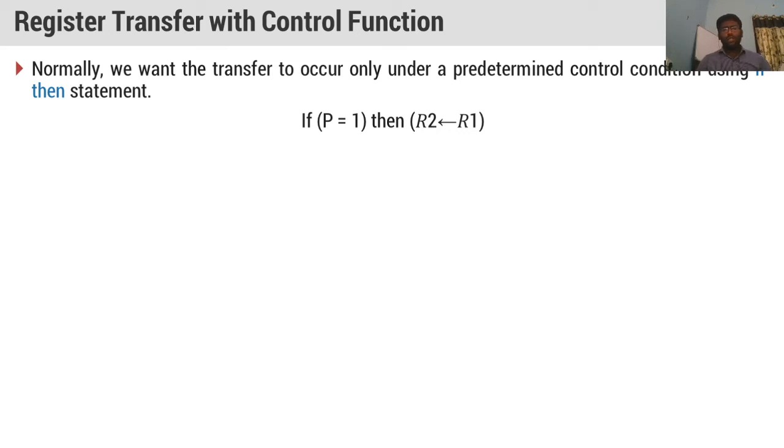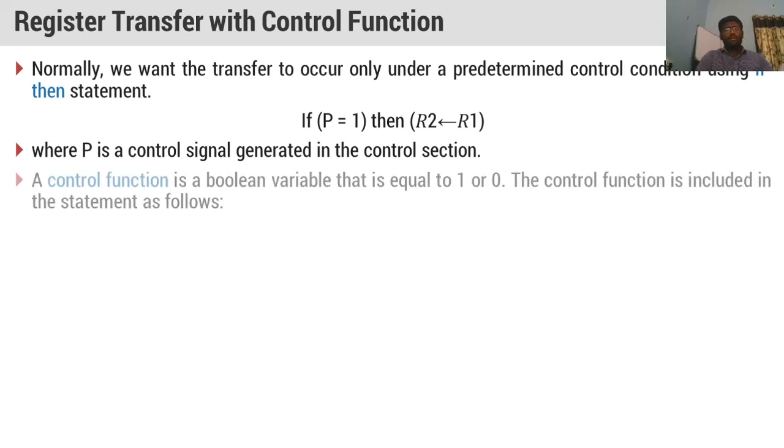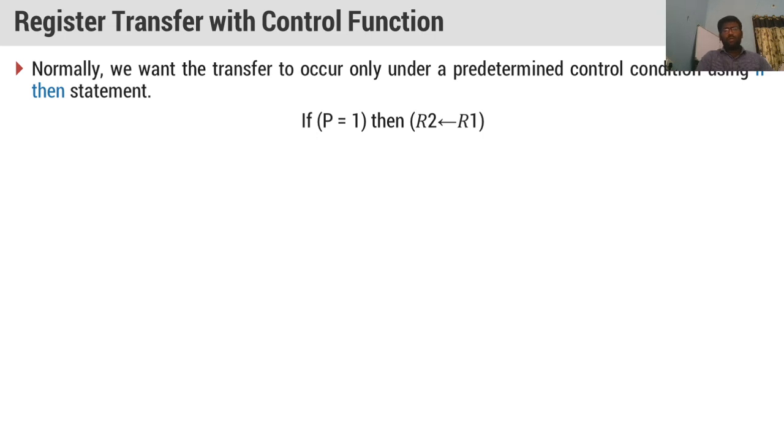That is the control unit. The control signal will be sent by the control unit to the variable P. If it places 0, content will not be transferred from R1 to R2. If the P variable is 1, content will be moved from R1 to R2.